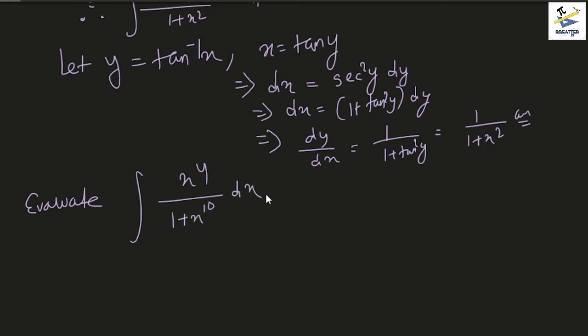Now at first glance, obviously we want to substitute for the denominator, but we see that the derivative of 1 plus x to the power 10 is not x to the power 4 dx, or any constant multiple of x to the power 4 dx rather.